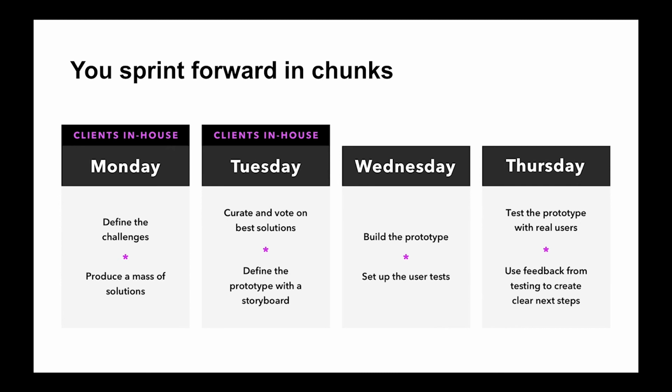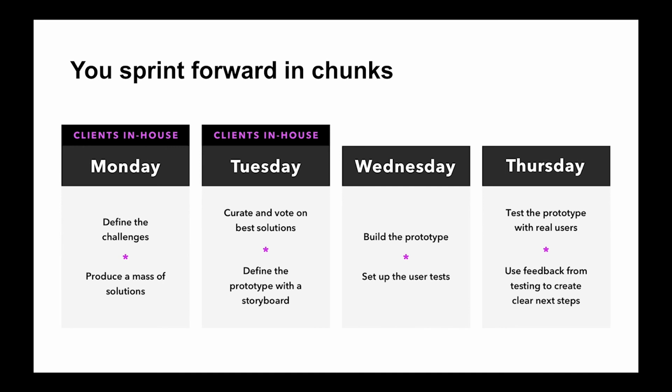So if you look at this, the current design sprint is broken down over 4 days, and you can potentially modify this to make it shorter depending on the availability of the different stakeholders and subject matter experts.